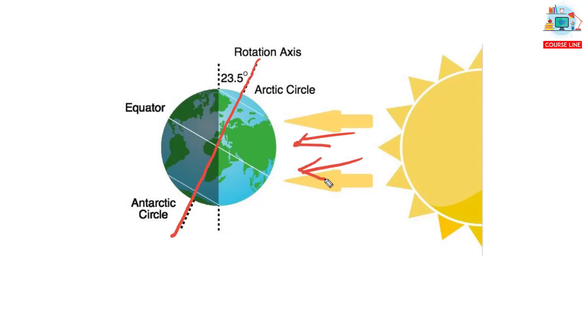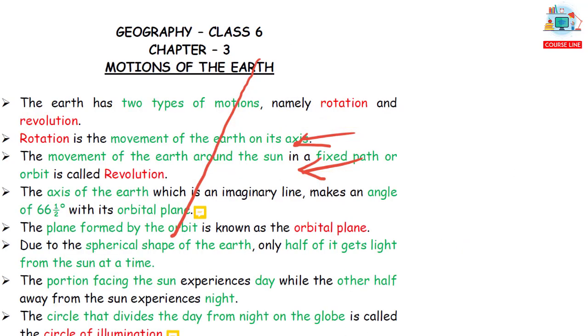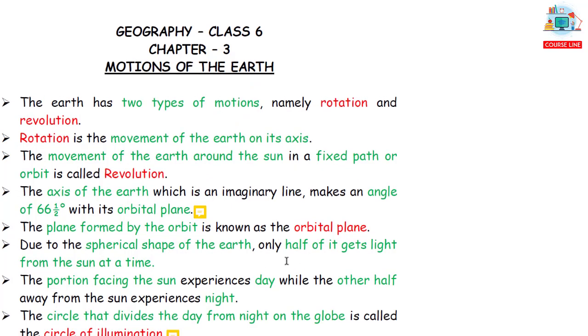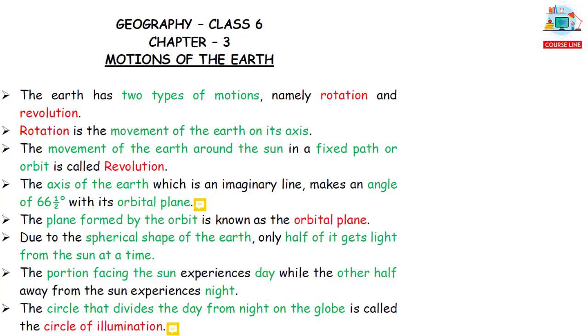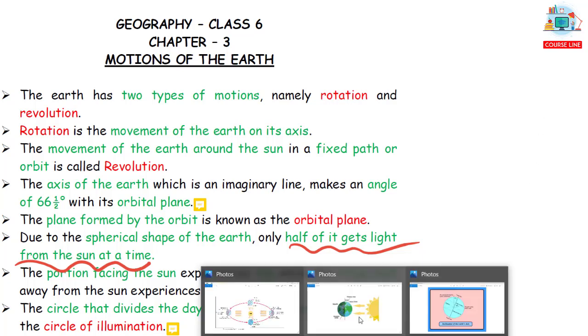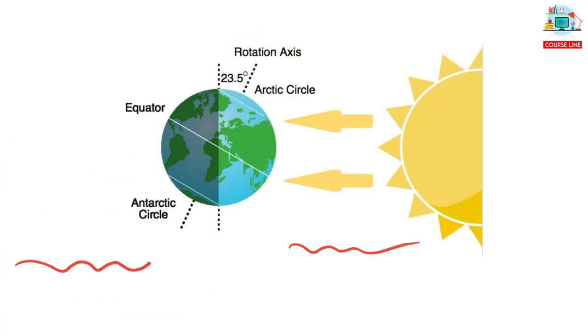Okay, so the line says that only half of it gets light from the sun at a time due to spherical shape. And this is true. How? Let's see. This is Earth, and it is getting illuminated by the sun.